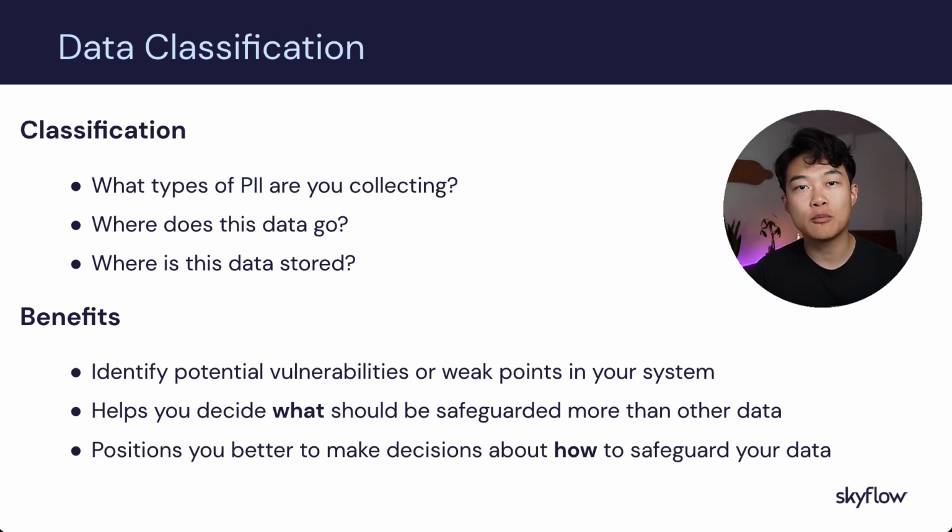We're going to go into this in more detail shortly, but by implementing appropriate security measures, such as encrypting PII during transmission and at rest, restricting access to sensitive data, and regularly monitoring your system for unauthorized access or unusual activity, you can reduce the risk of data breaches and protect your organization's reputation and financial well-being.